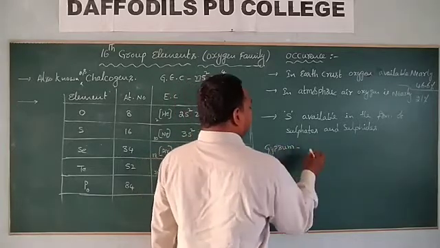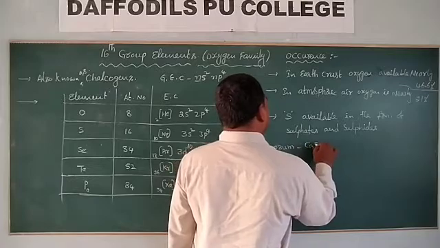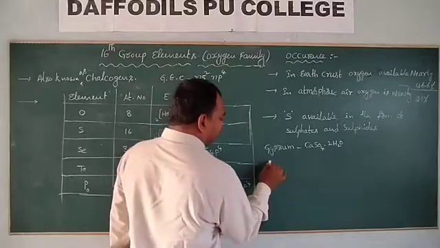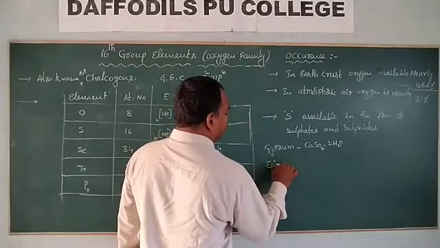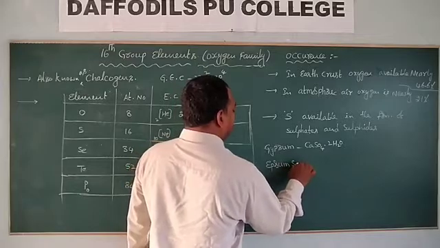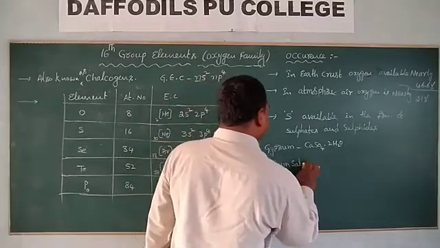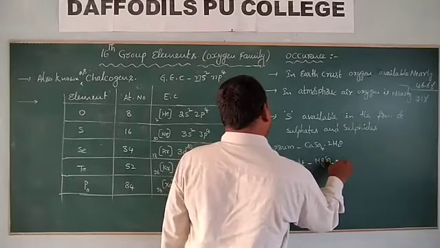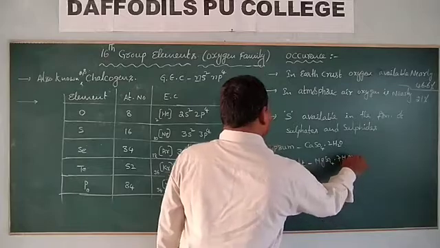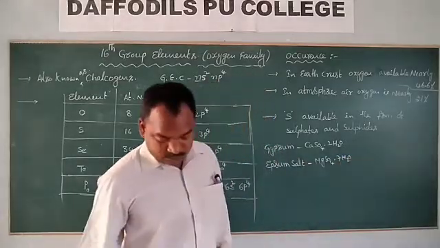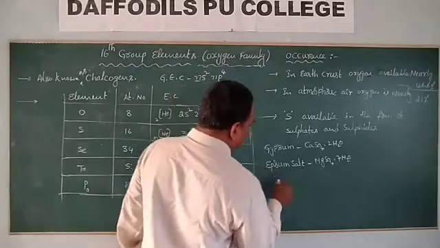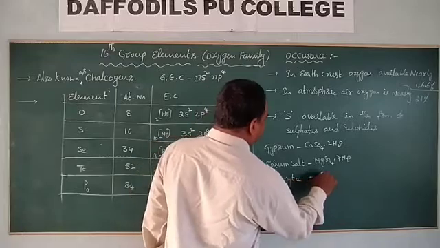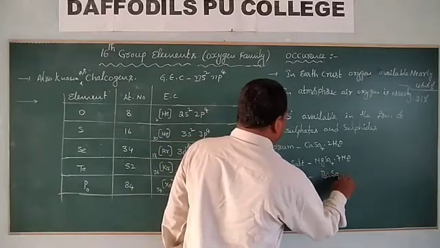Gypsum, whose formula is CaSO4.2H2O. Epsom salt, whose formula is MgSO4.7H2O. Barite, BaSO4.